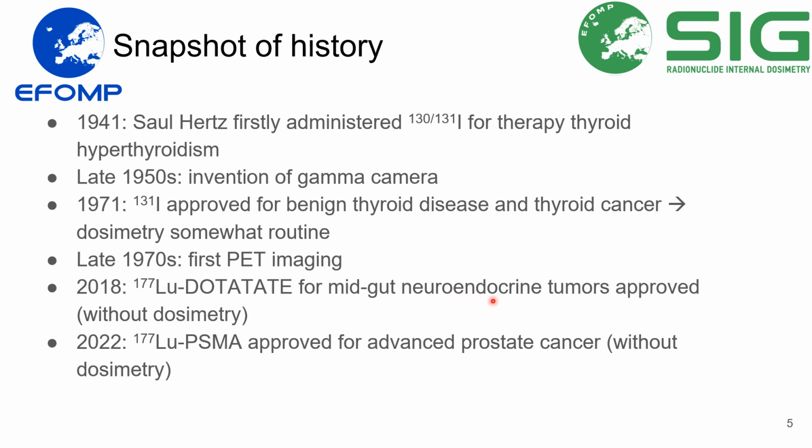And neuroendocrine tumors are a somewhat rare disease, and in the advanced stages there's nothing you can do. And this therapy is so effective that it got approved. However, it got approved without dosimetry. Similarly, in 2022, lutetium PSMA, another radiopharmaceutical, got approved for advanced prostate cancer. Unfortunately, again, without any dosimetry.